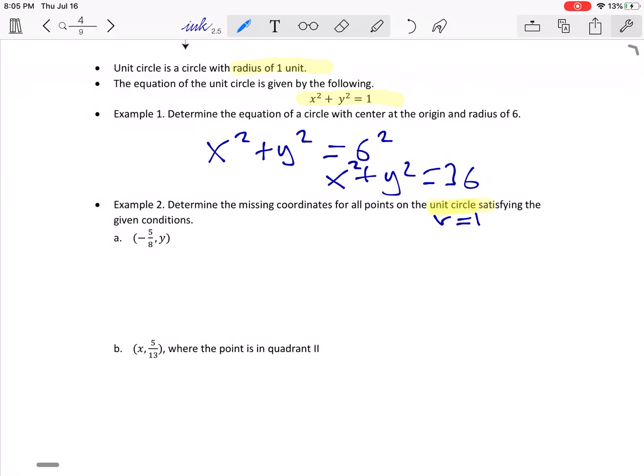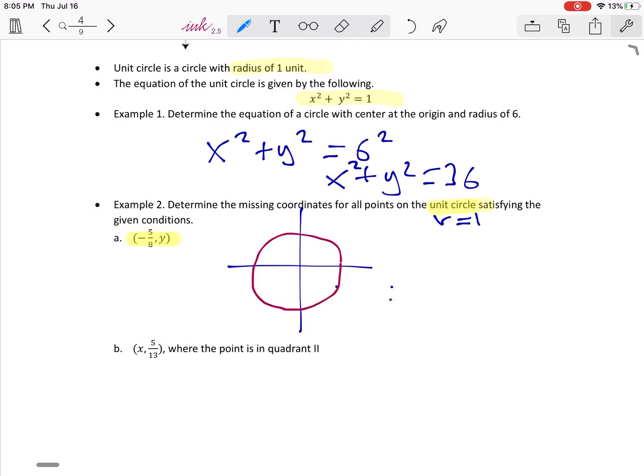The other thing with the coordinates is make sure you pay attention to the signs. You notice how it says negative 5 over 8. So x is horizontal, y is vertical. So let's draw a grid. And so here's the grid, and then here's our circle.